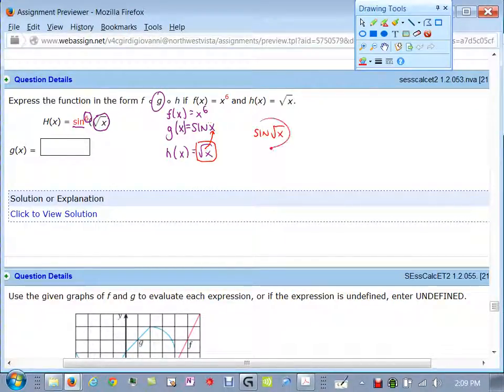Now what if I take that and I plug it in here for x? Then I get sine square root of x to the 6th power, which, notation-wise, means the exact same thing as this. So that's what I was going for. So our answer here was sine x. G of x should be sine x.